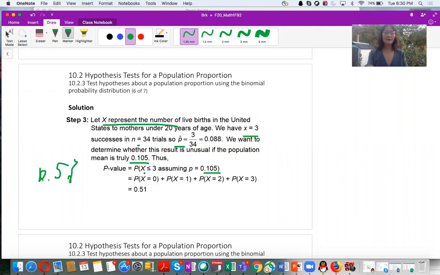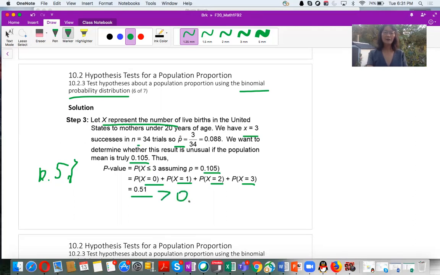X is a random discrete number representing the number of births. It could be 0, 1, 2, or 3. That is the probability of X smaller or equal to 3. We calculate this using the binomial probability distribution, and we get this p-value 0.51. Compare this p-value with alpha.